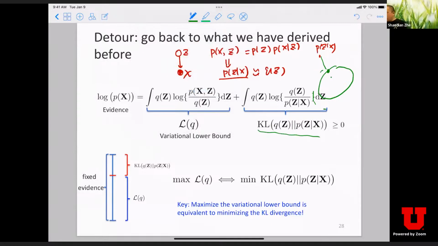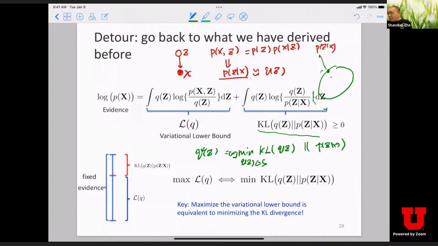We want to minimize the KL divergence from your approximate distribution to the true posterior, and find a member in your approximation family which minimizes this KL divergence. You use that as your best approximation in a given approximation family.